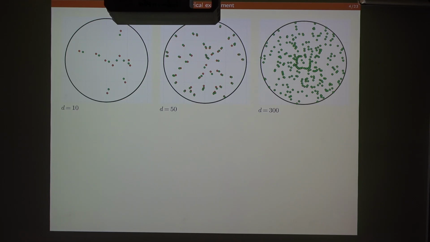Experimentally, the conjecture holds for random polynomials, here random with normal law. Okay, for instance? Do you have a question? No?